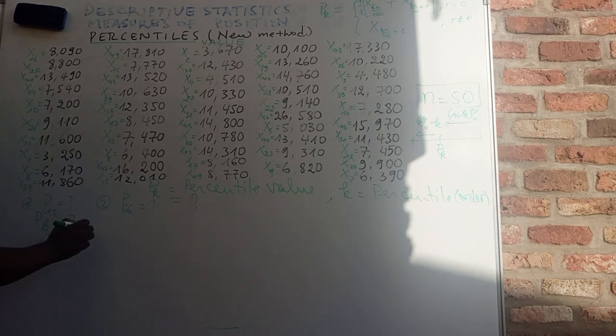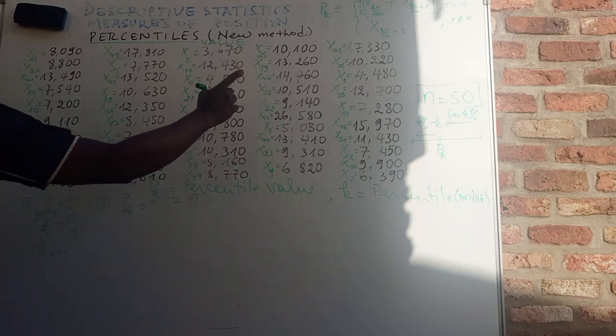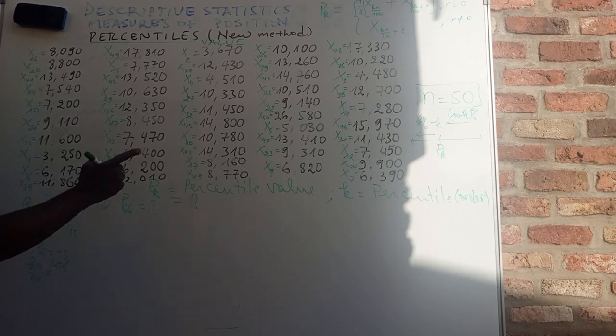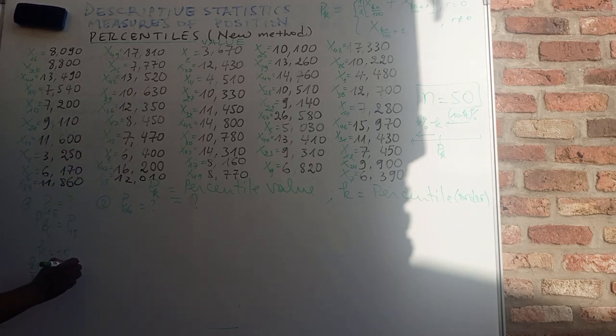Now we calculate k times n divided by 100. This will be 15 times n, which is 50, divided by 100.